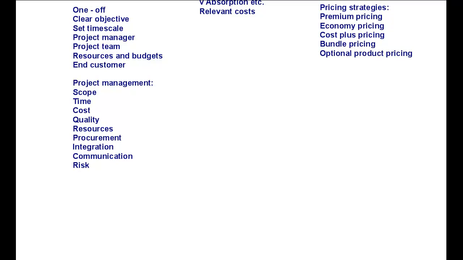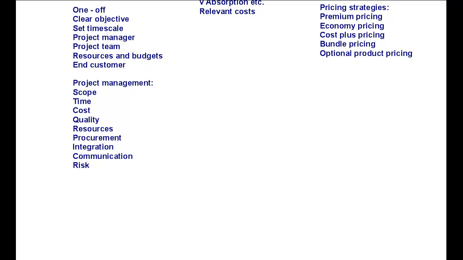And next is resources, or more to do with the management of resources here. So if, for example, this project needs use of a certain machine, certain computer systems, etc., are those resources available at the right times for that project? Because they may be utilized in doing day-to-day work for the rest of the time, but it needs to be clear that those resources are going to be available for the project.